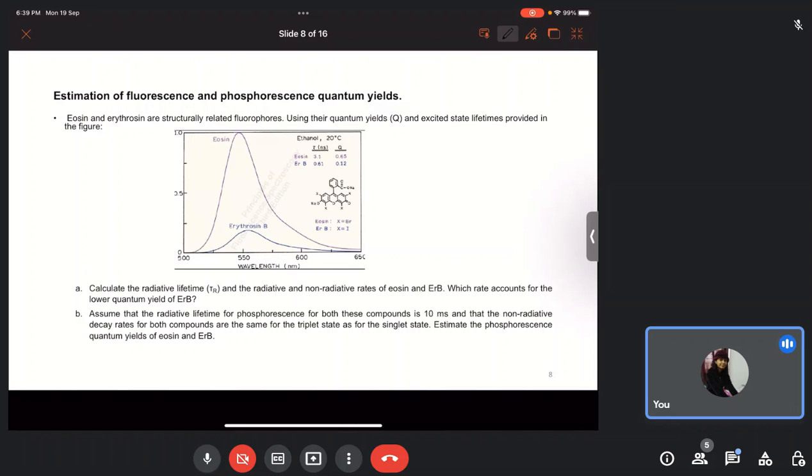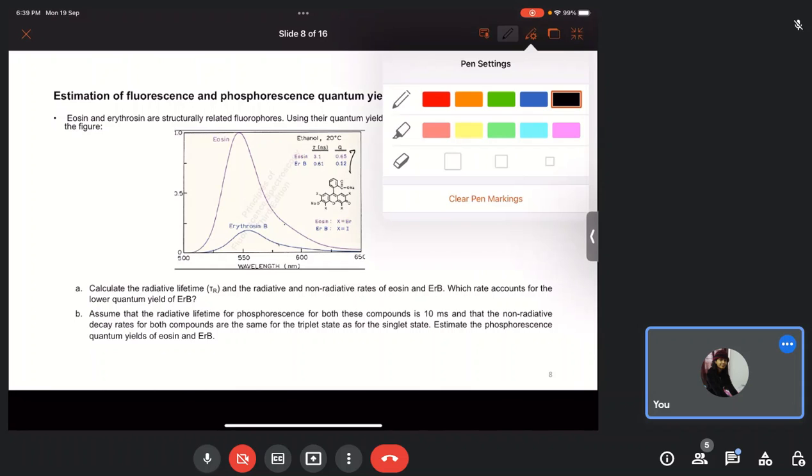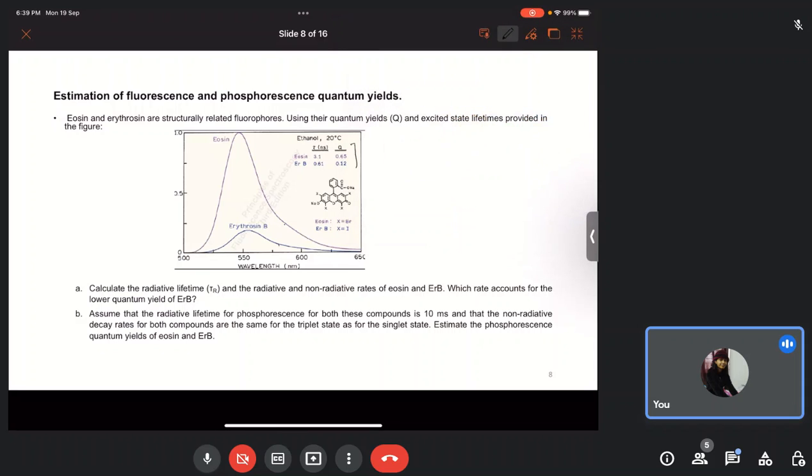Here we have been asked to find the radiative lifetime and non-radiative and radiative decays of two fluorophores. Eosin and erythrosin are structurally related fluorophores, and their quantum yields and excited state lifetimes are mentioned in this figure. You can see that here.